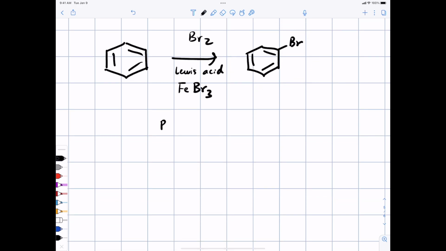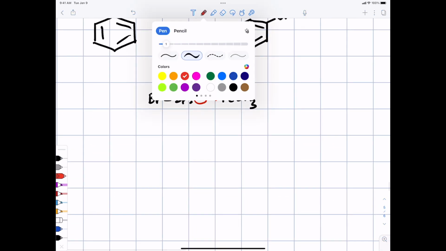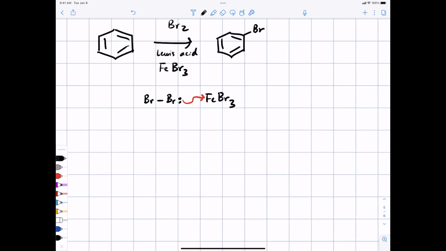So what happens here is that lone pairs on one of the bromines will actually do a Lewis acid Lewis base thing with FeBr3, attacking one of the empty d orbitals on iron to create a new bond.